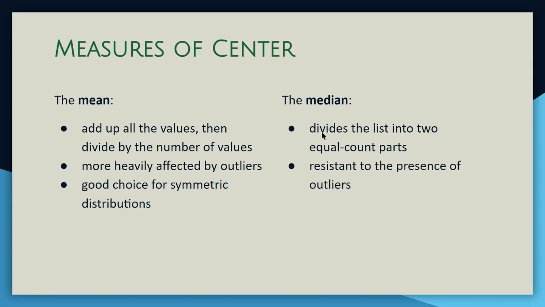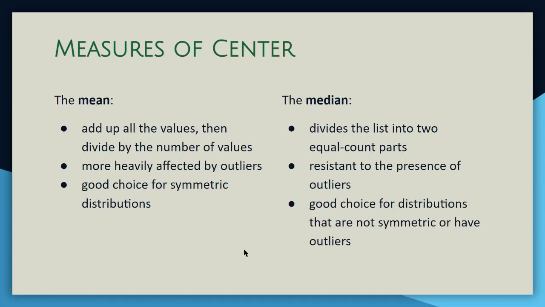Because the median doesn't actually look at what values are in the list, just where they sit, it's resistant to the presence of outliers. If you've got outliers in a data set, the median isn't going to shift as much as the mean will. That makes the median a really good choice for distributions that are not symmetric or that have outliers.